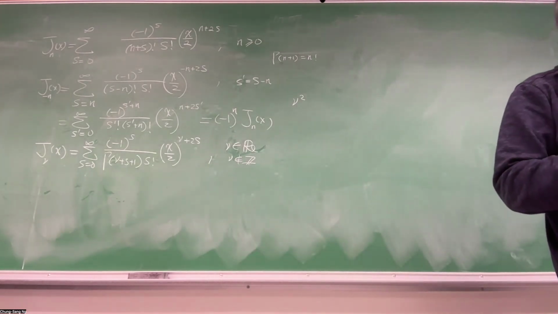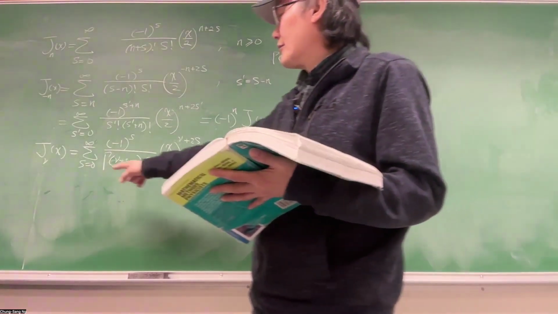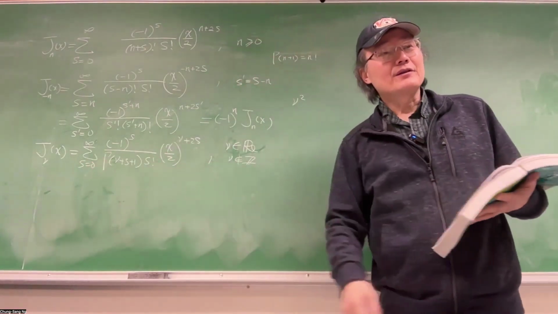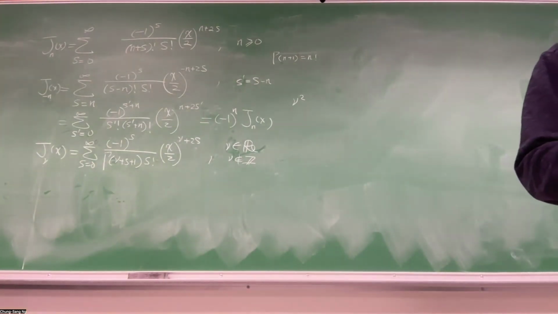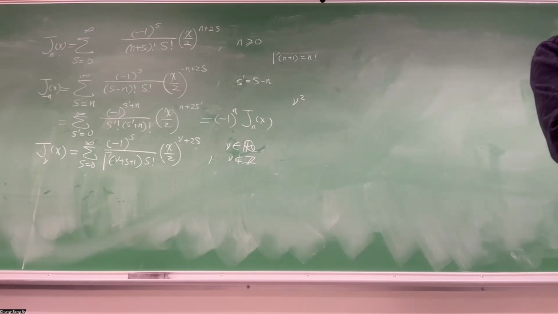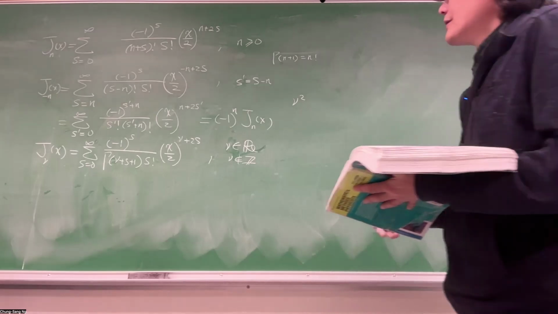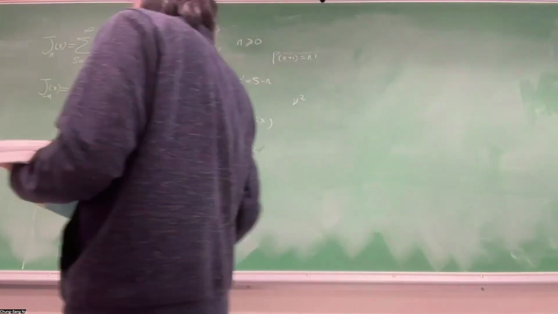Right? You can also derive the recurrence formula using the series solution. That is also possible, but that might be slightly more difficult than using the generating function. So we'll use the generating function.